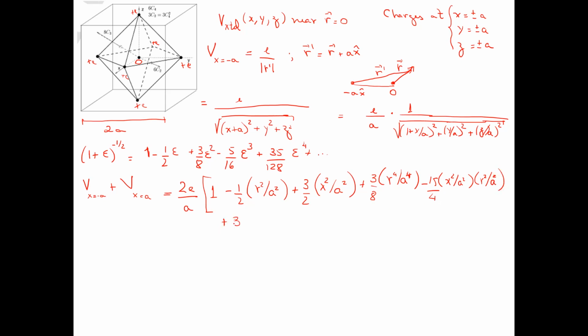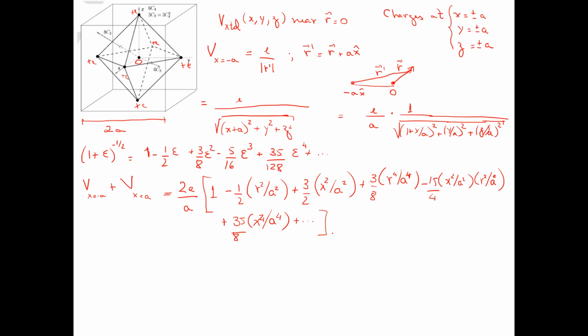Plus 35/8 x to the fourth divided by a to the fourth plus higher order terms. Okay, I'm basically copying this from the book. So now this is only the contributions from the charges along the x-axis.